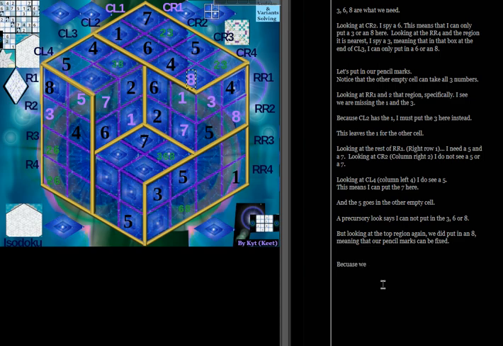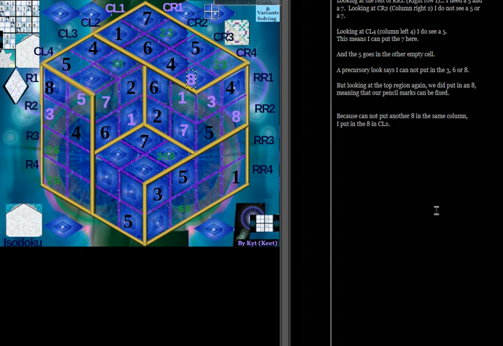Because we cannot put another 8 in the same column, I put in the 8 in column left 2. I can now go to column left 3 and remove the 8 from that pencil mark.